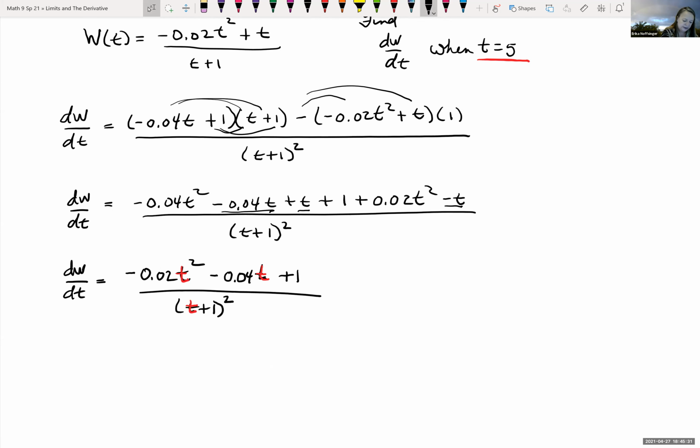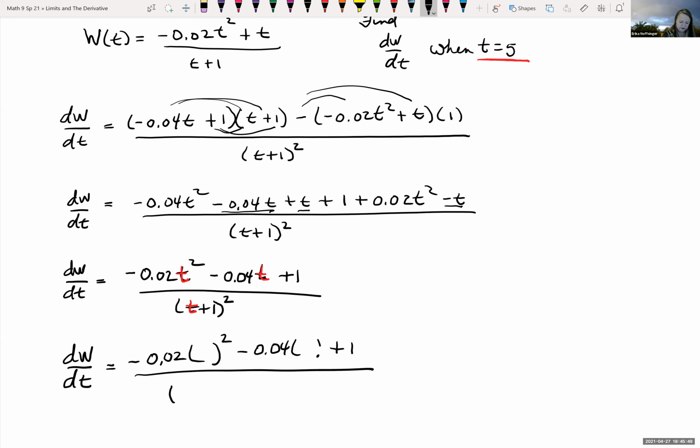So we're just going to go in there and substitute. So dW/dT equals negative 0.02 times 5 squared minus 0.04 times 5 plus 1, all over 5 plus 1 quantity squared.